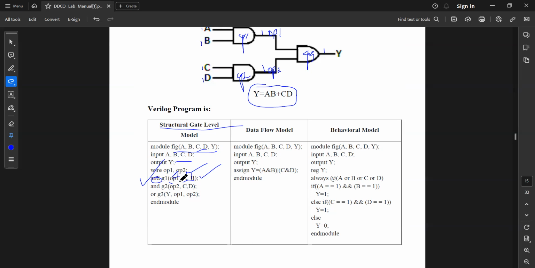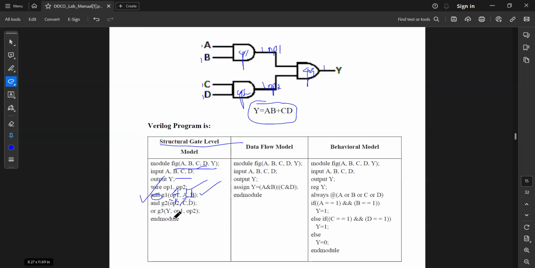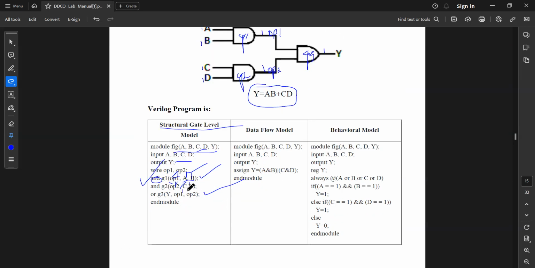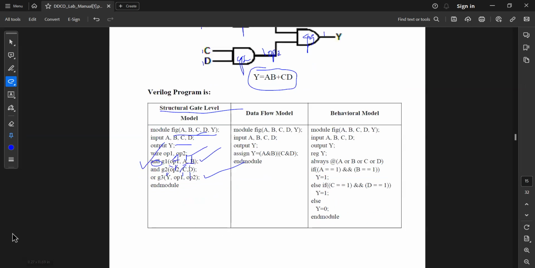Again in gate 2, same thing happens. 1 into 1 is 1 and in OP2, 1 will be stored. Then in this line of code, this is an OR keyword and this is gate 3. 1, 1 was stored in OP1 and OP2. Then 1 plus 1 will be stored in Y output. That is 1. That's it, nothing else.